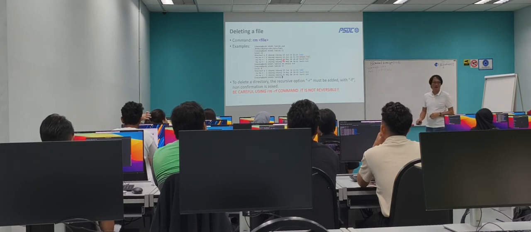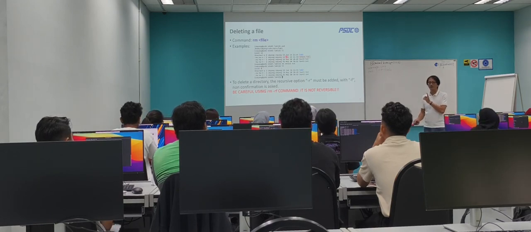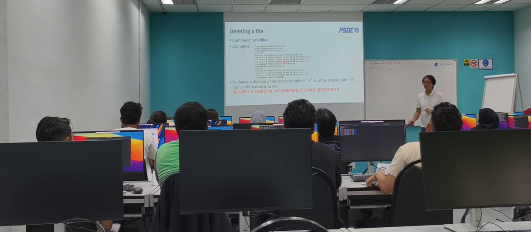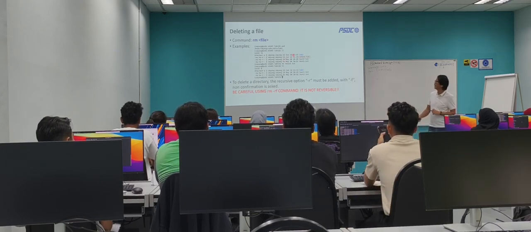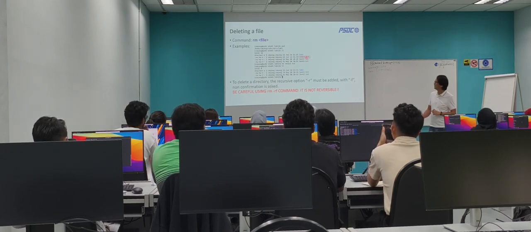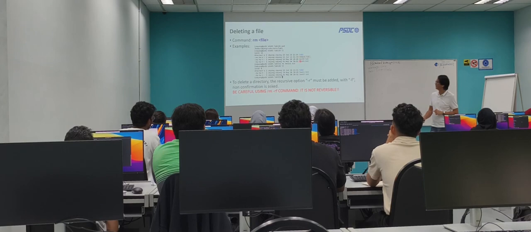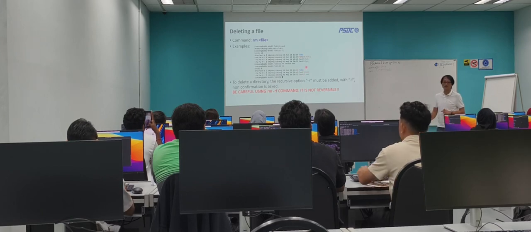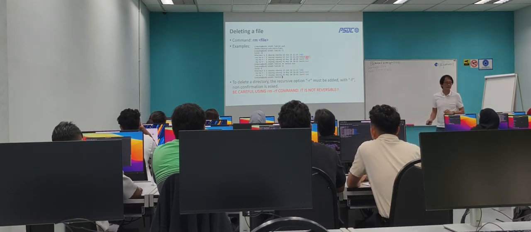And rm file removes the file. So for example here, let's say I want to remove this one. rm the text file, then when I list it, the file will be deleted.